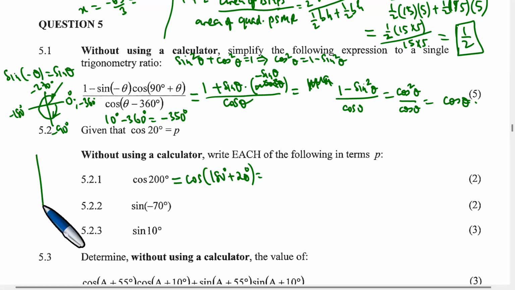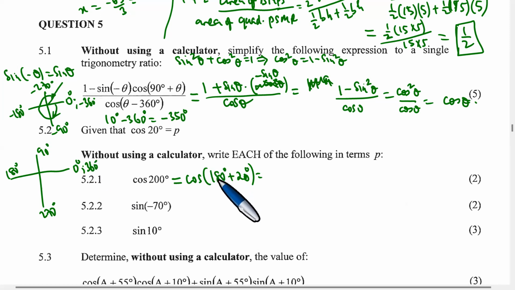Let's draw a small Cartesian plane. Okay, this is positive 180, so we're going to do positive angles, like 180 degrees, 270 degrees, 360 degrees.